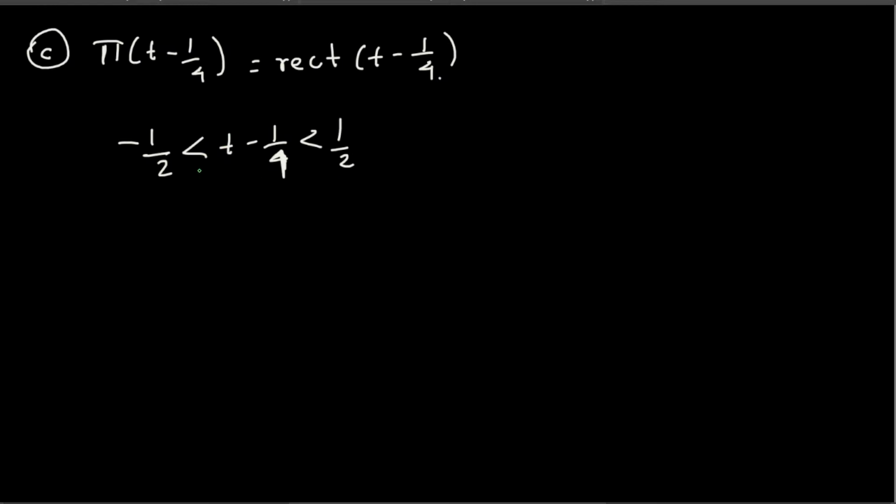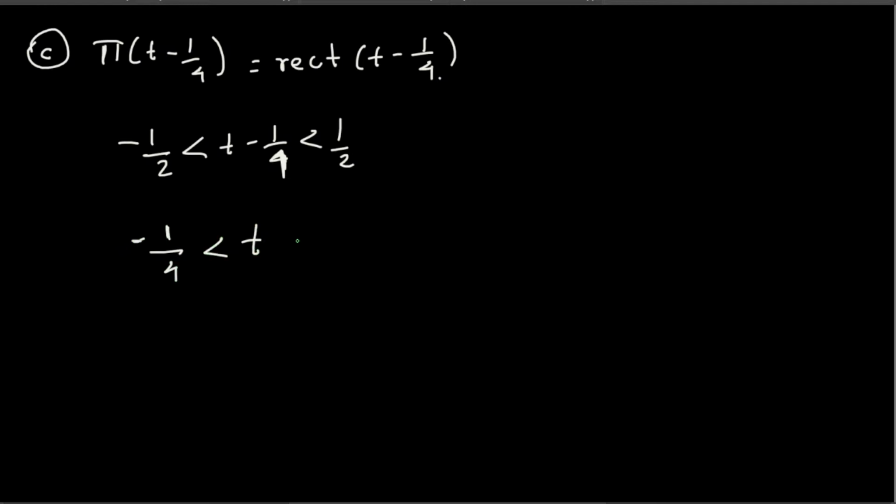We have to figure out what the range is for t. If we bring the minus 1 over 4 to the other side, it becomes plus 1 over 4. Converting to the same denominator, minus half is minus 2 over 4, so 1 over 4 minus 2 over 4 is minus 1 over 4.